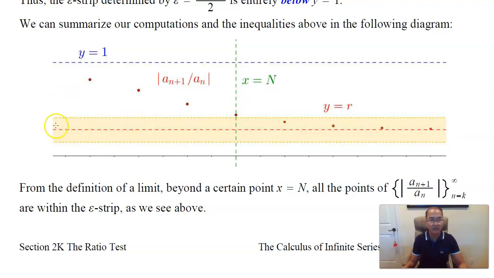But I wanted to make it even worse. Okay, so beyond a certain point, we are going to be within this epsilon strip. So all the terms |a_{n+1}/a_n| are going to be within this epsilon strip and below y equals r.